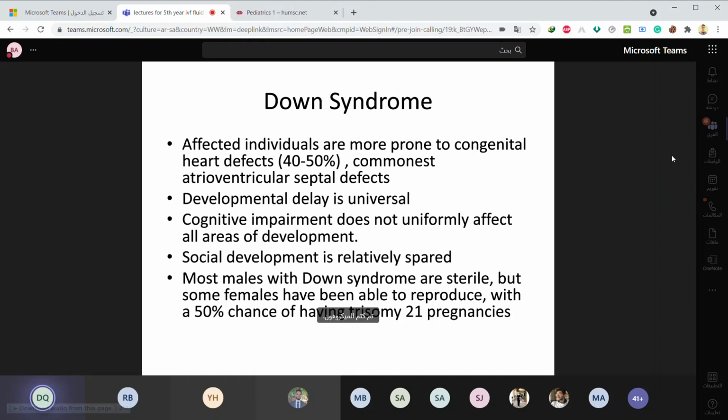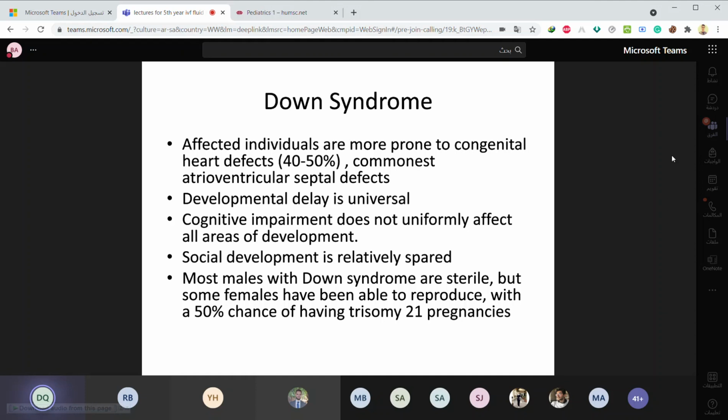Affected individuals are more prone to congenital heart defects. The most common is the AV septal defect, atrioventricular septal defect, or complete AV canal. Developmental delay is universal, so all children with Down syndrome have developmental delay to different degrees. Cognitive impairment does not uniformly affect all areas of development.